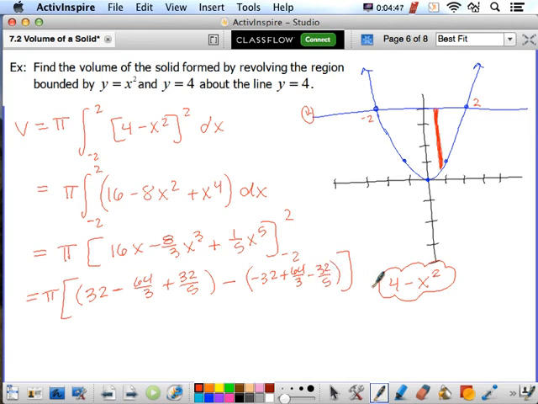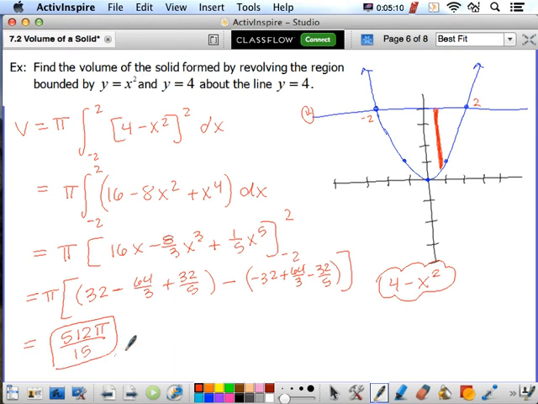And then we need to tally all of those fractions up and see what we get to multiply by our pi for our final volume. Does anyone have it yet? 512 over 15. Okay. So the inside of this goes to 512, and that leaves us with our pi times that. So 512 pi over 15.